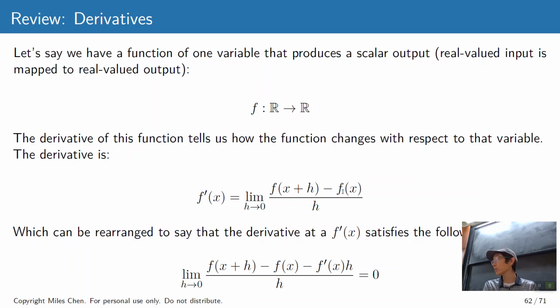So you have f of x, you add a tiny little h to x, and you divide the change by how big the little h was, and you take this limit as h goes to 0. That's your f prime, and with some algebra you can rearrange it so that f prime of x times h gives the change we end up getting.